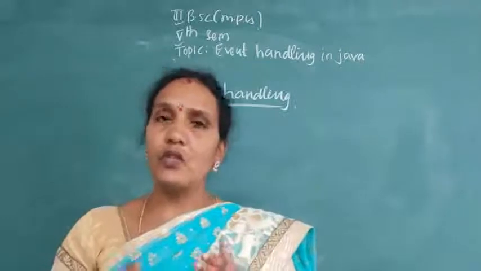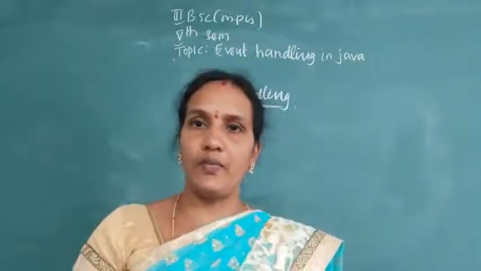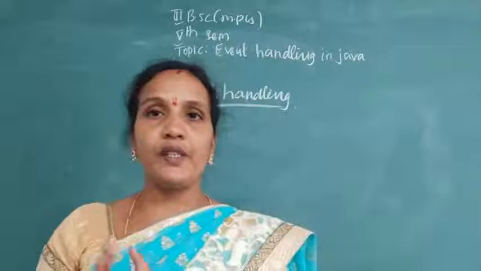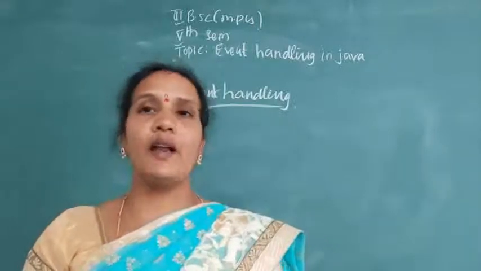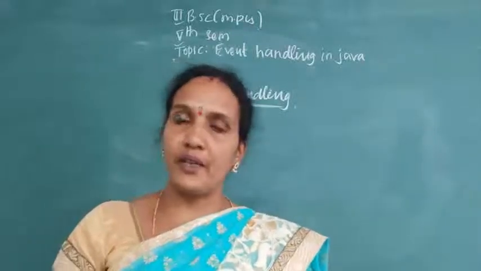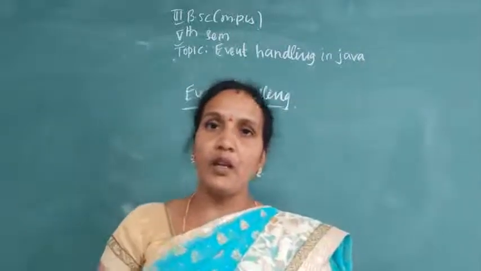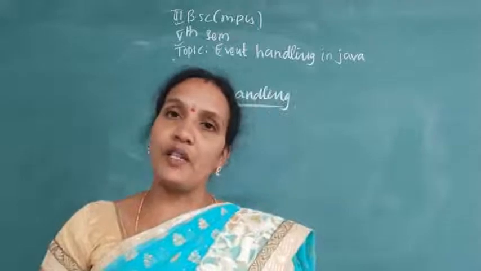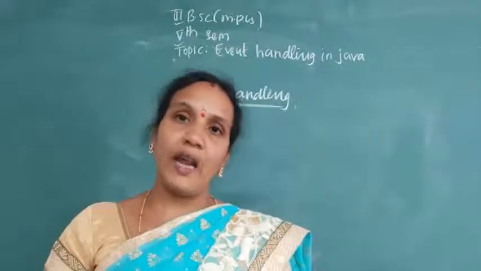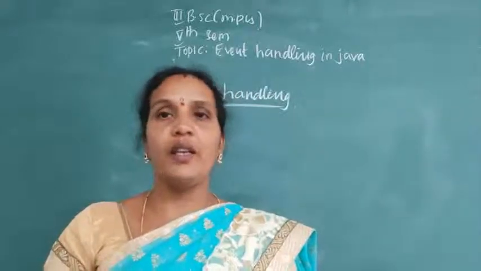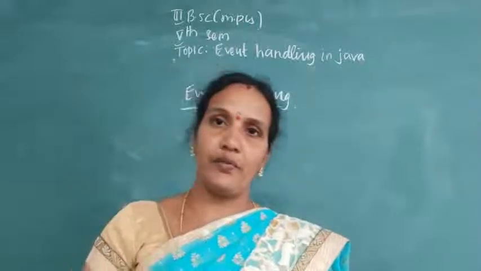Okay. So if there is any event, there should be an appropriate event handler to handle that event. So it is mandatory. When you are performing any event on the screen, on the frame, on the form, it is compulsory that the event should be handled properly by the event listeners, and it is an interface.